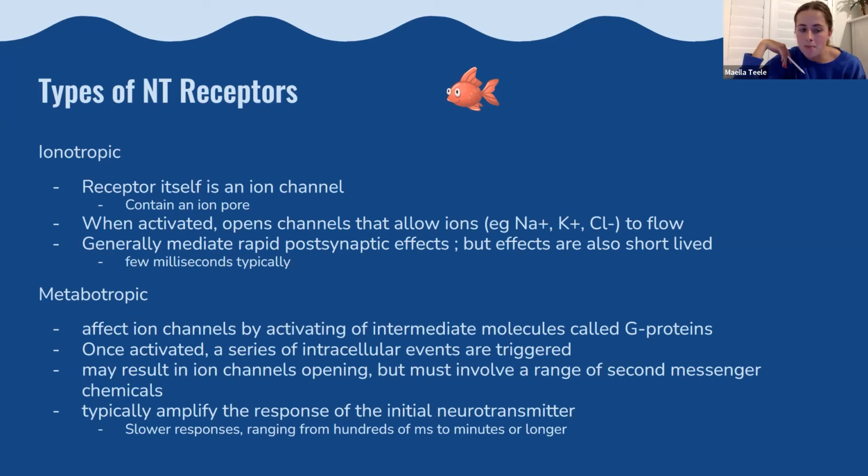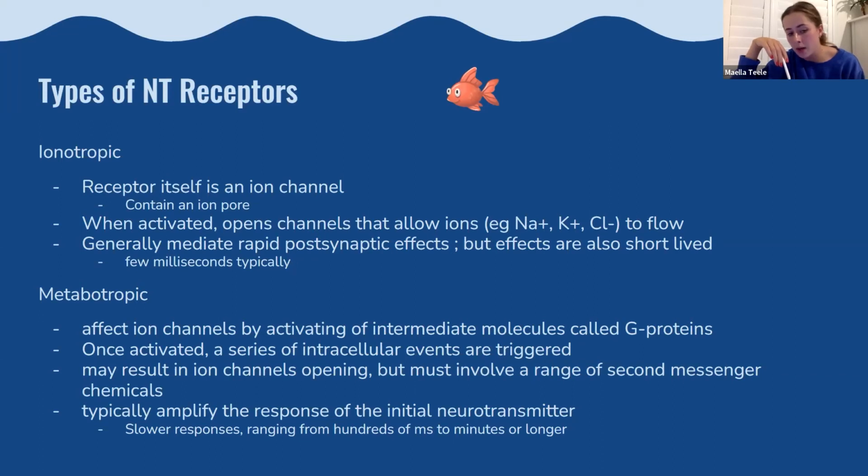And metabotropic are slightly different because they need an intermediate molecule before the ion channels are opened. These intermediate molecules are called G proteins. Once these are activated, a series of intracellular events are triggered.